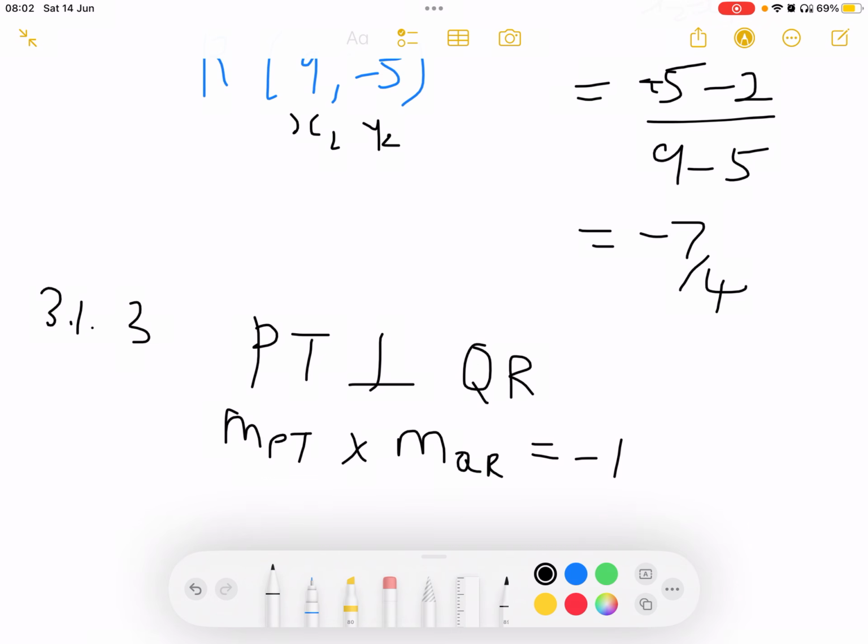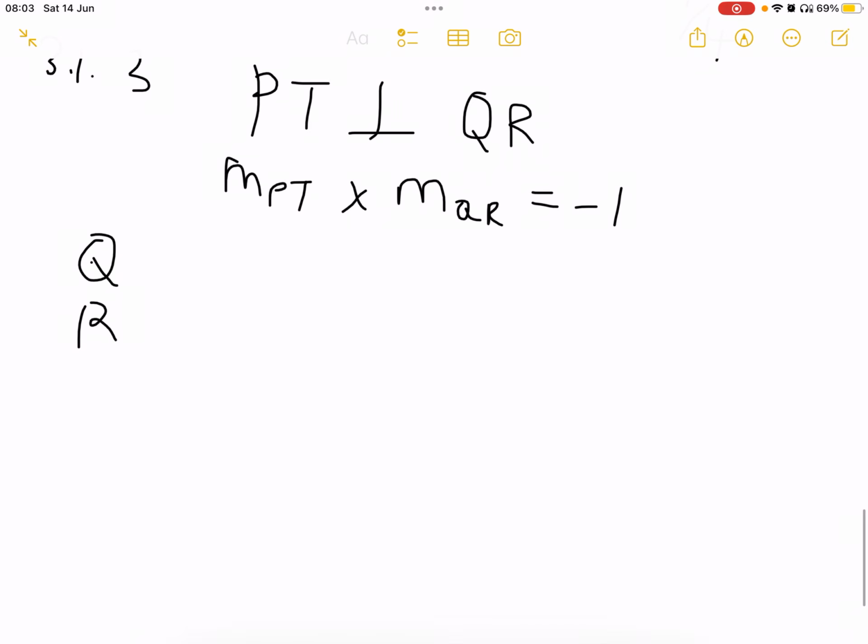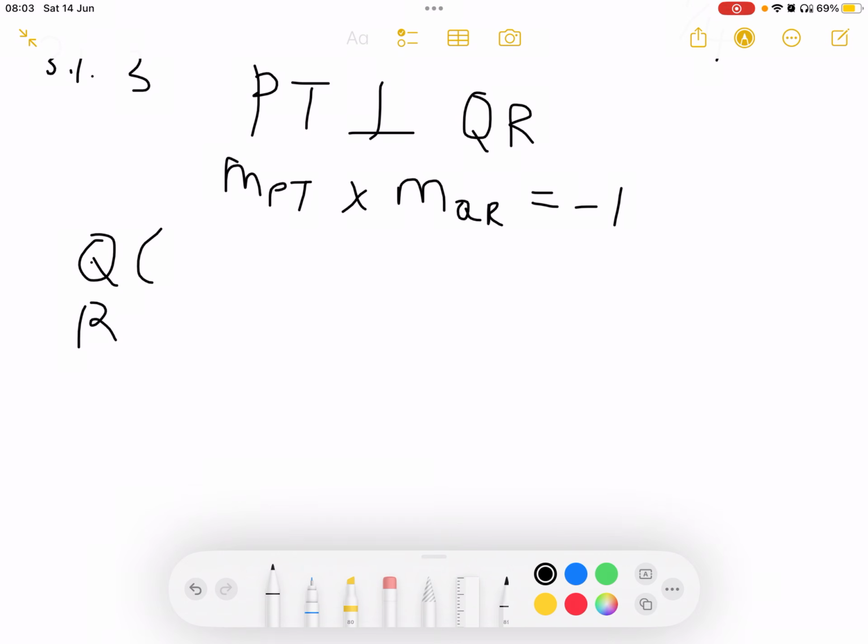We don't have the coordinates of T, so we calculate the gradient of QR using the same coordinates of Q and R, which are (1; -1) and (9; -5).